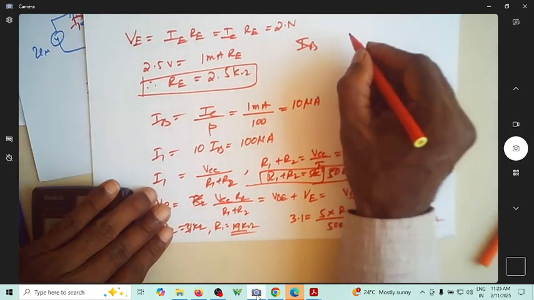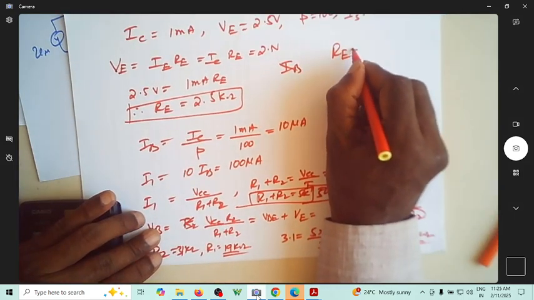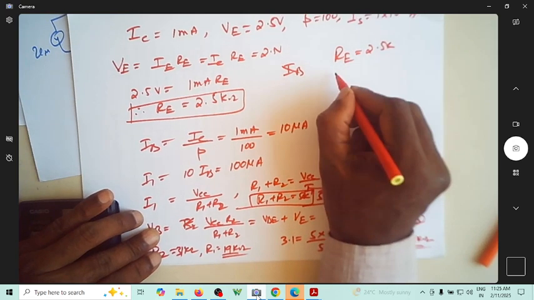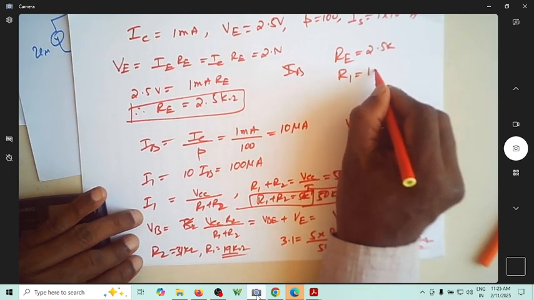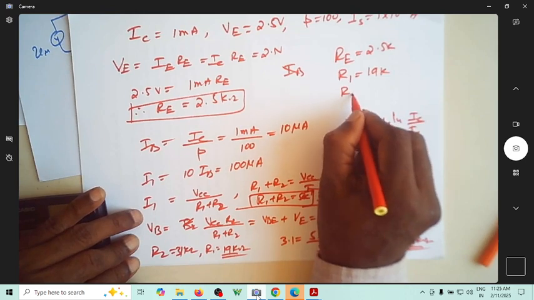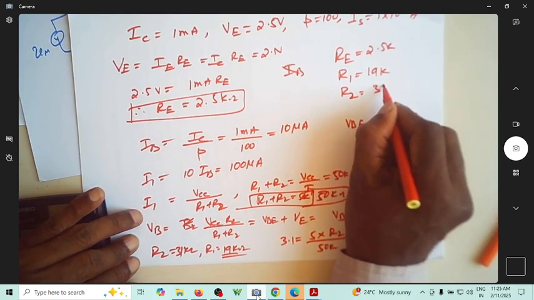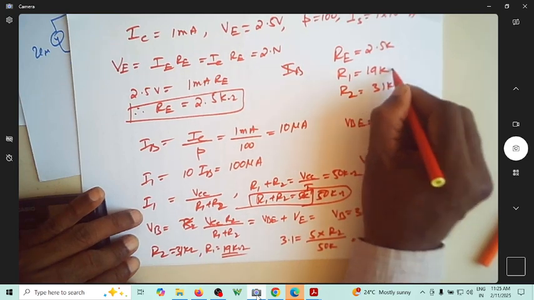So RE is 2.5k, R1 is 19k, R2 is 31 kilo.